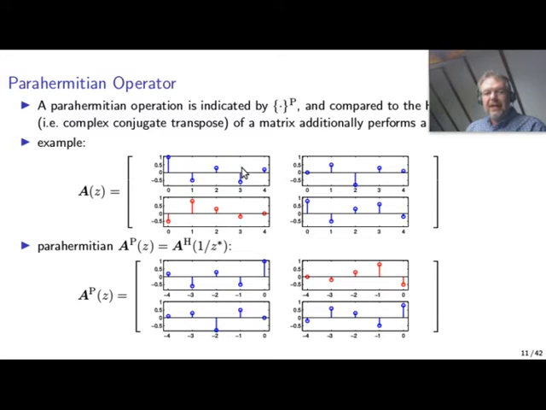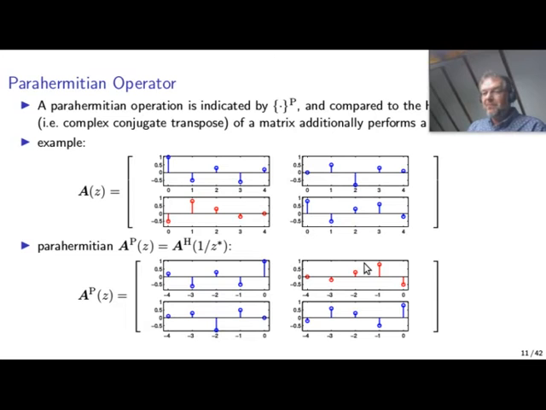So on the main diagonal here, we have a function, or an impulse response, and you see after this Parahermitian operation, this is now time reversed. If we have a component here at the bottom left-hand corner of our matrix, then after Parahermitian transposition, it will appear at the top right-hand corner and be time reversed as well.